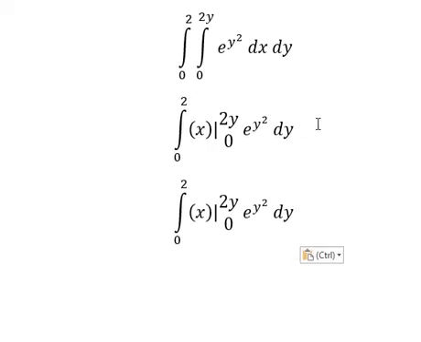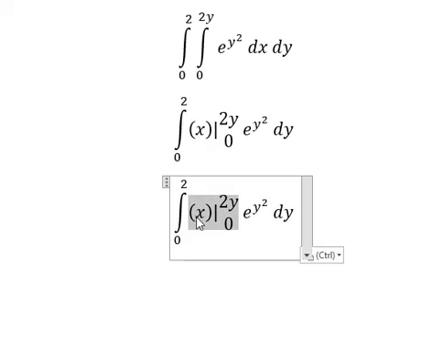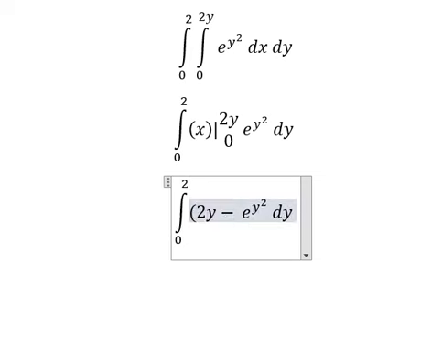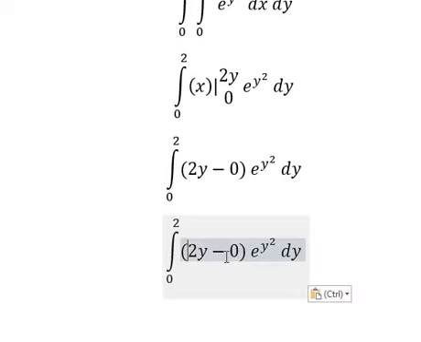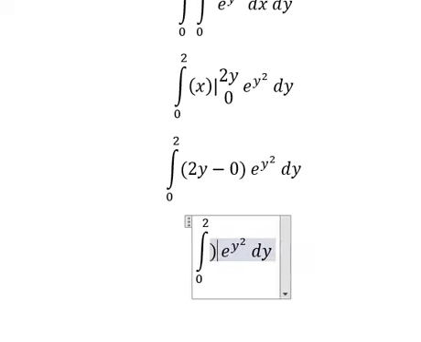So I will put 2y here, number 0 here. And this one that is about 2y.